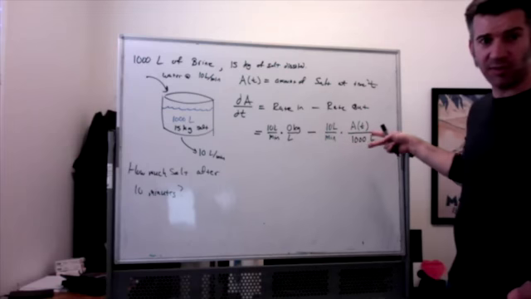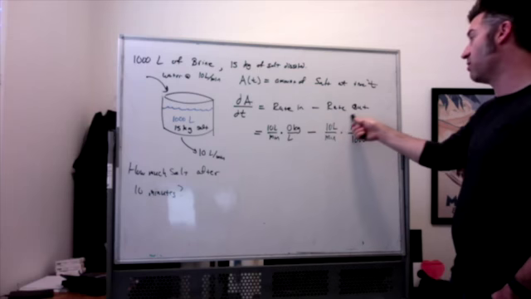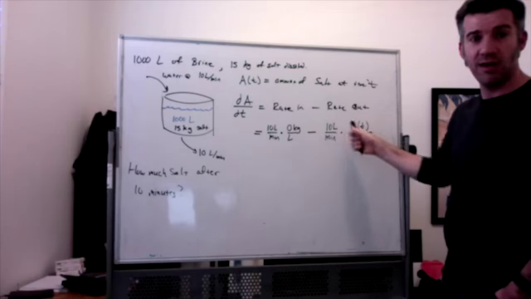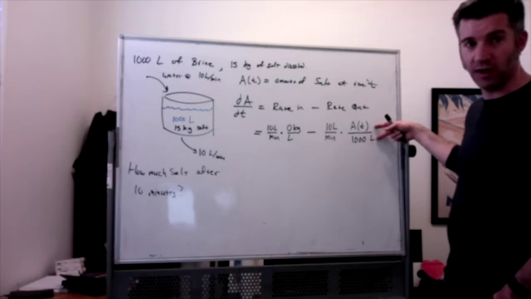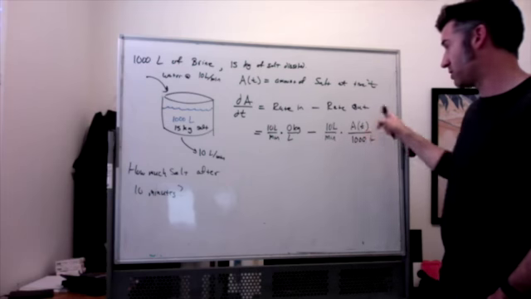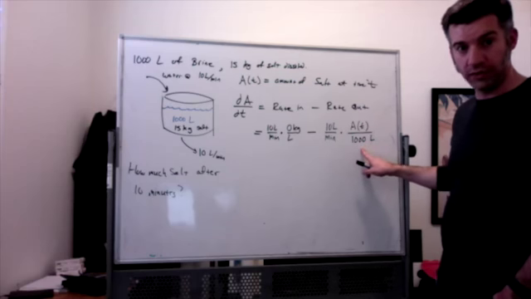This is the key part to make sure you get right. When you're doing the rate out, it's always the amount of stuff in the tank divided by how much the tank holds.